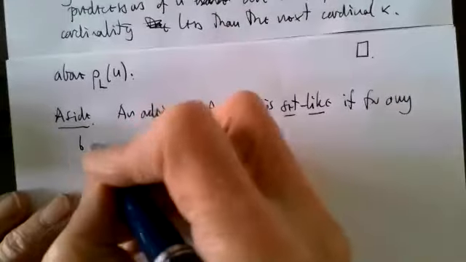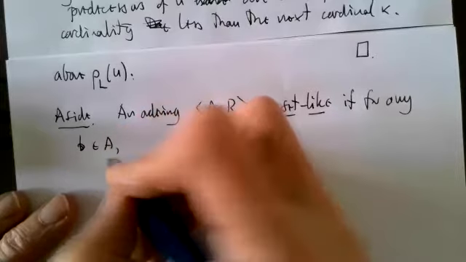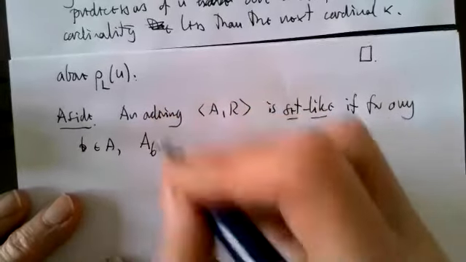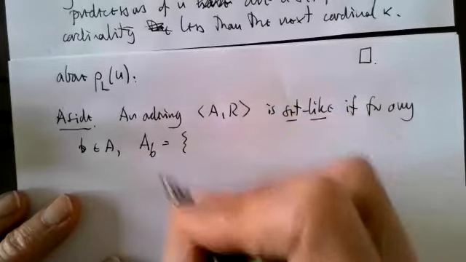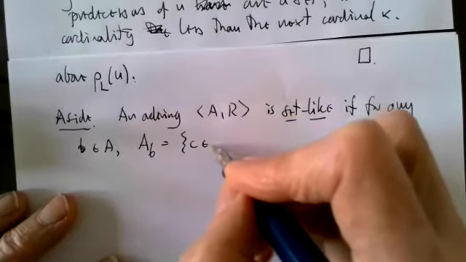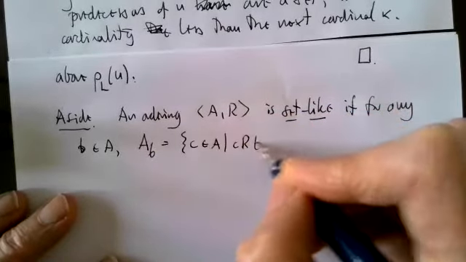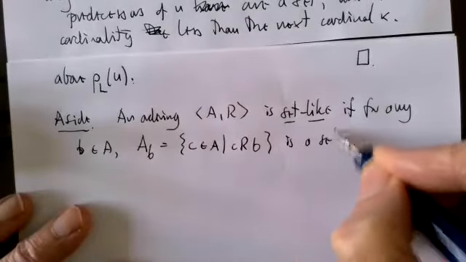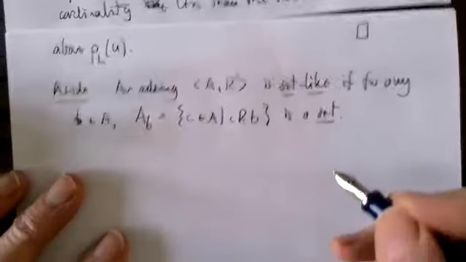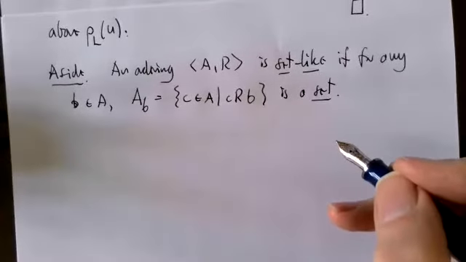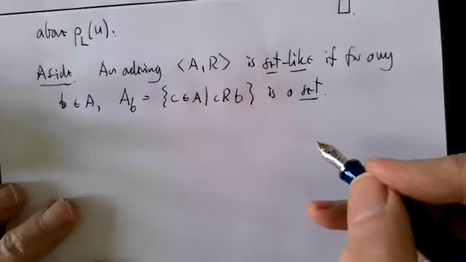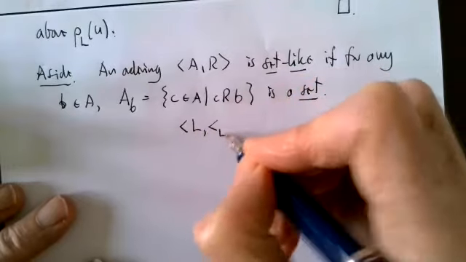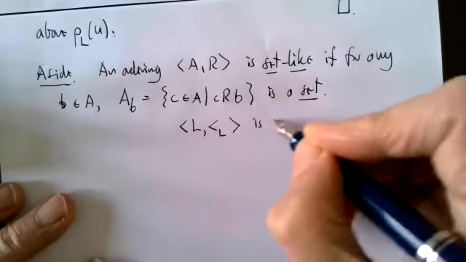So if we take little b in A, the initial segment of A formed by b, the elements C in A such that C comes before b, is a set. So what we've just argued is that the well ordering of L with its global well order is set-like.